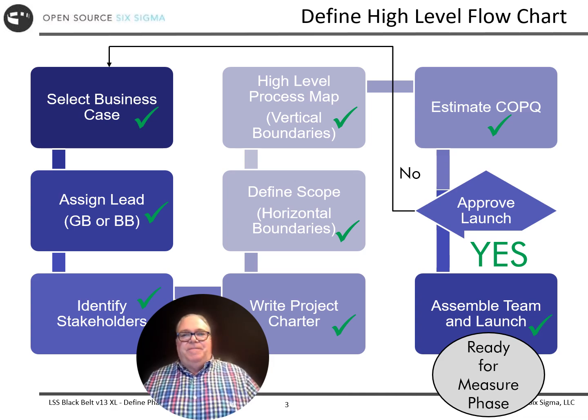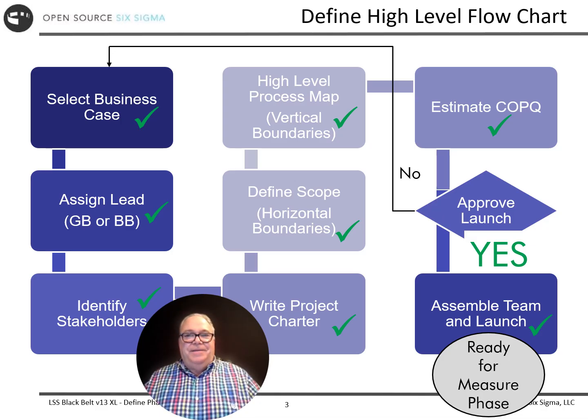Finally, we're going to estimate the value to the business. What costs of poor quality are we going to eliminate? And we then have a formal approval. Is the charter approved or not? If yes, we're going to assemble the team and launch, and then we're ready for the measure phase.